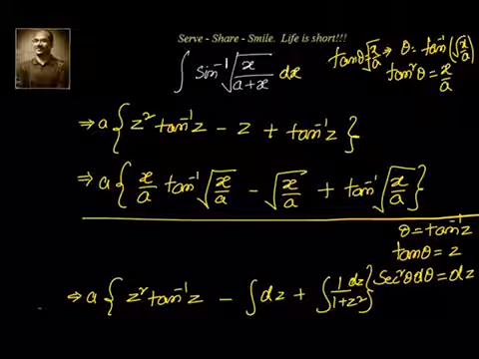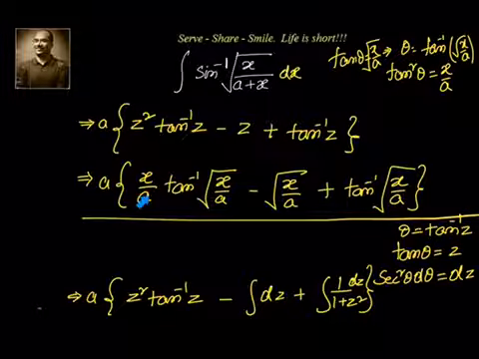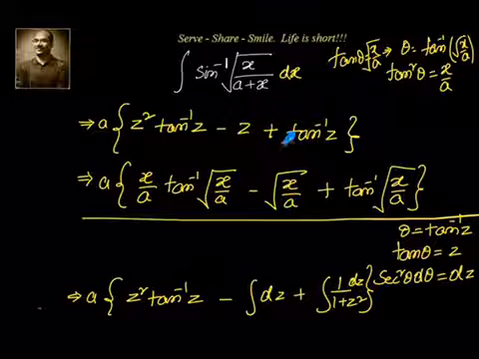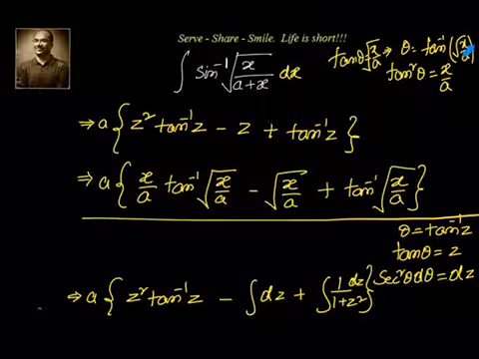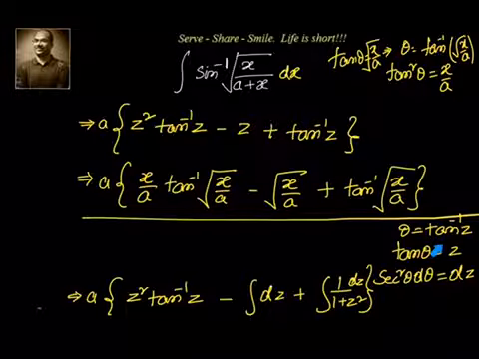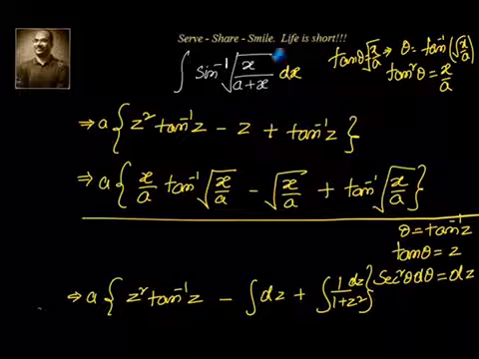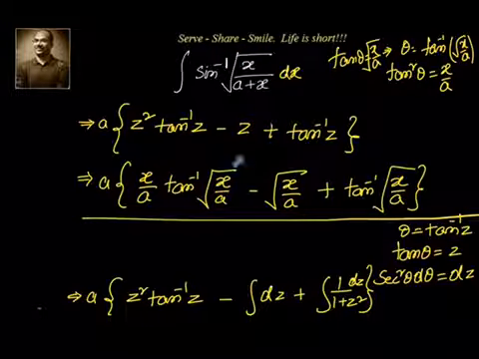So the solution for that is a into x by a into tan inverse x by a minus root of x by a plus tan inverse z. Tan inverse z is theta, but theta is tan inverse of root x by a. So from z we have to go to theta, and from theta we have to go to in terms of x, because the problem is given in terms of x. Our solution also should be in terms of x only.